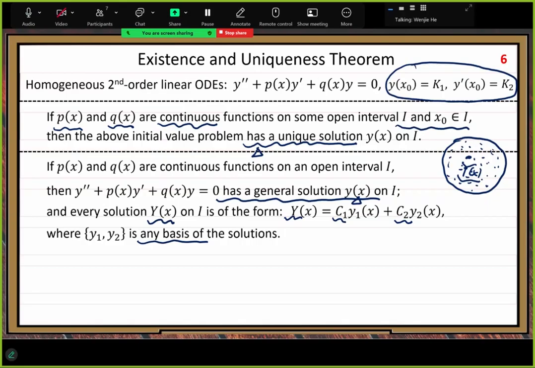And some of you may feel this result looks not special, right? This result looks like nothing new.